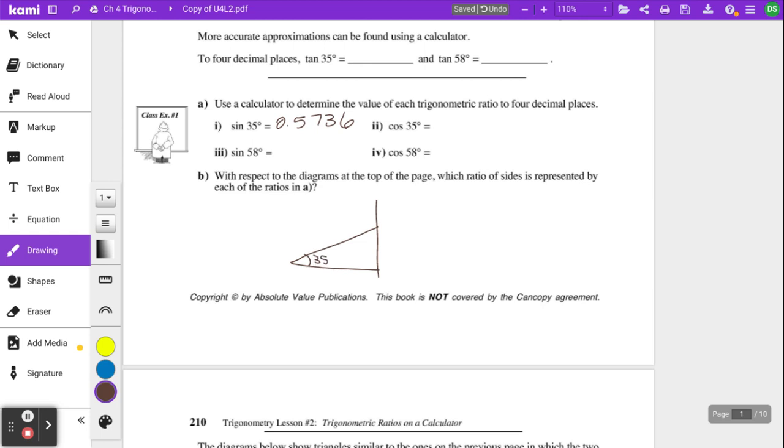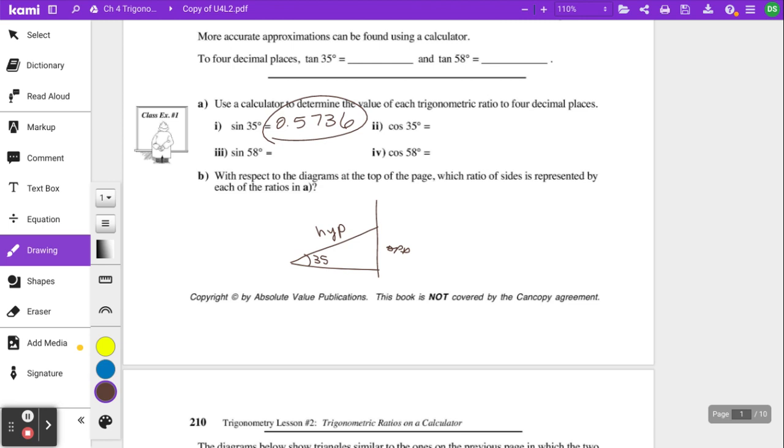What we have just discovered is that the ratio of the opposite side here divided by the hypotenuse here will be 0.5736 every single time. No matter how you expand that, if you're at 35 degrees, the ratio of the opposite side to the hypotenuse will be about 0.57. So just a little bit more than 1/2, right? Does that kind of make sense? That's what we just learned.